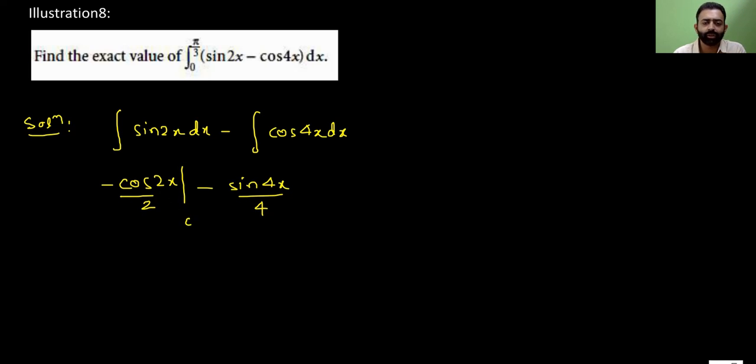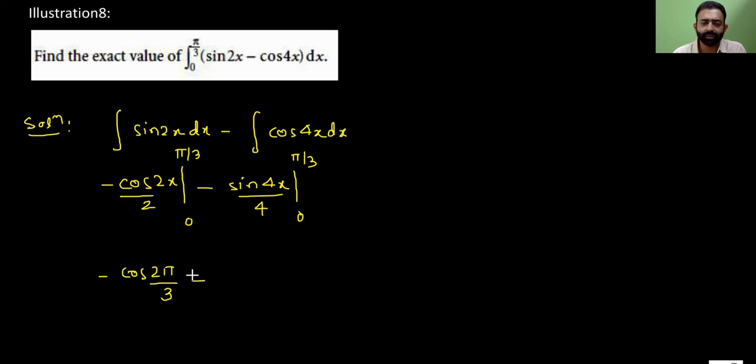Your lower limit is 0, upper limit is pi by 3, means 60 degrees, 0, pi by 3. So minus cos 2x is minus cos 2 pi by 3. Okay, this is the upper limit, minus the lower limit.